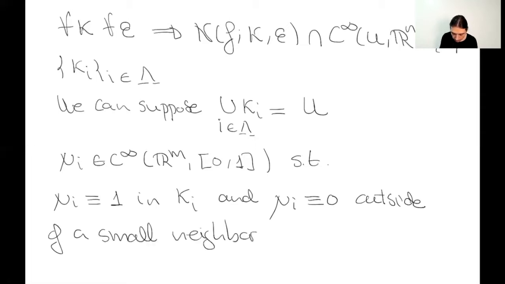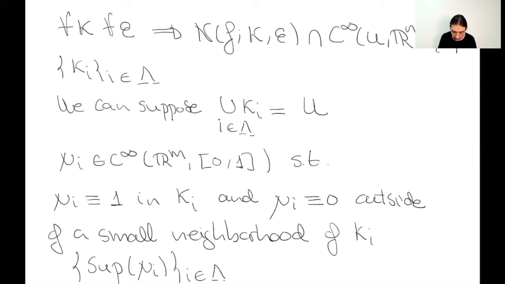In particular, we can suppose that the supports of the mu i are indeed a locally finite family. Okay? Very good. So we can define lambda i as mu i divided by the sum of mu j for all j.